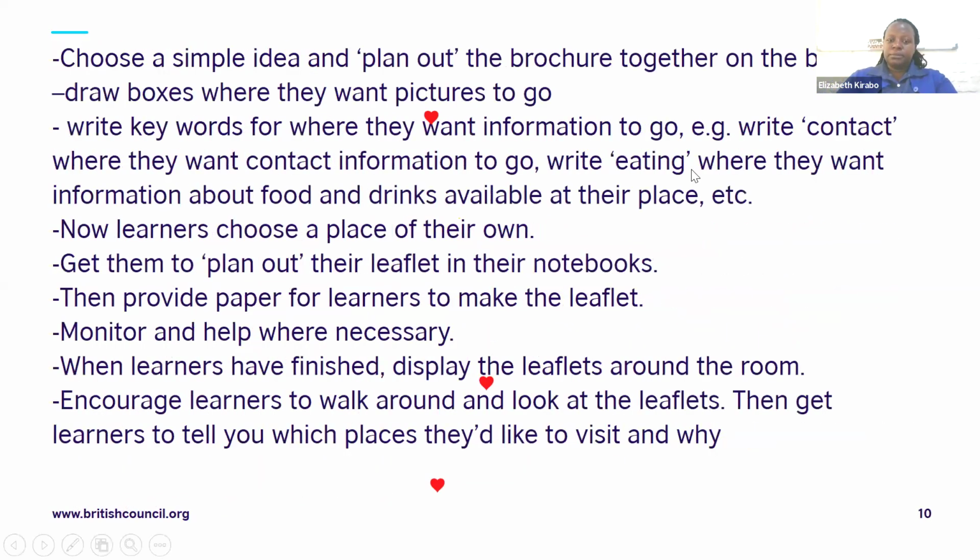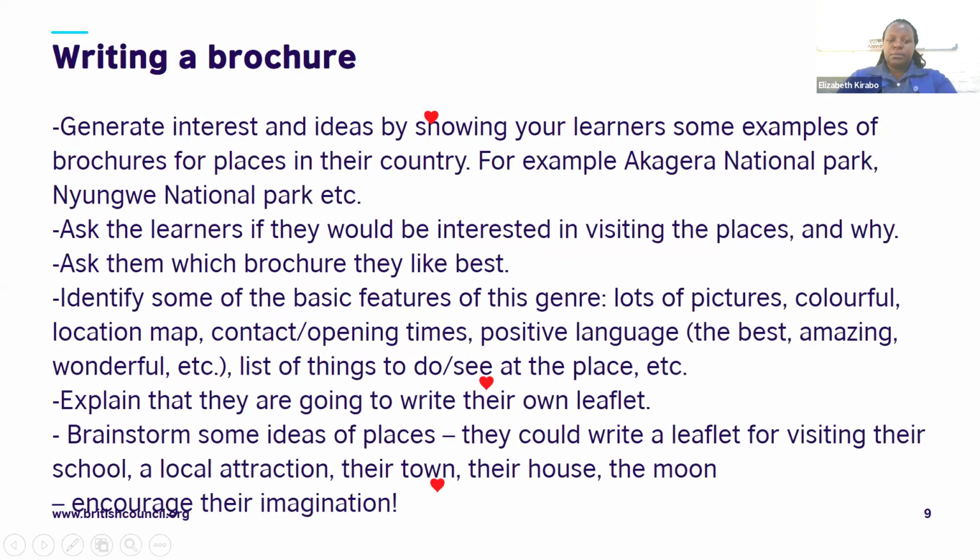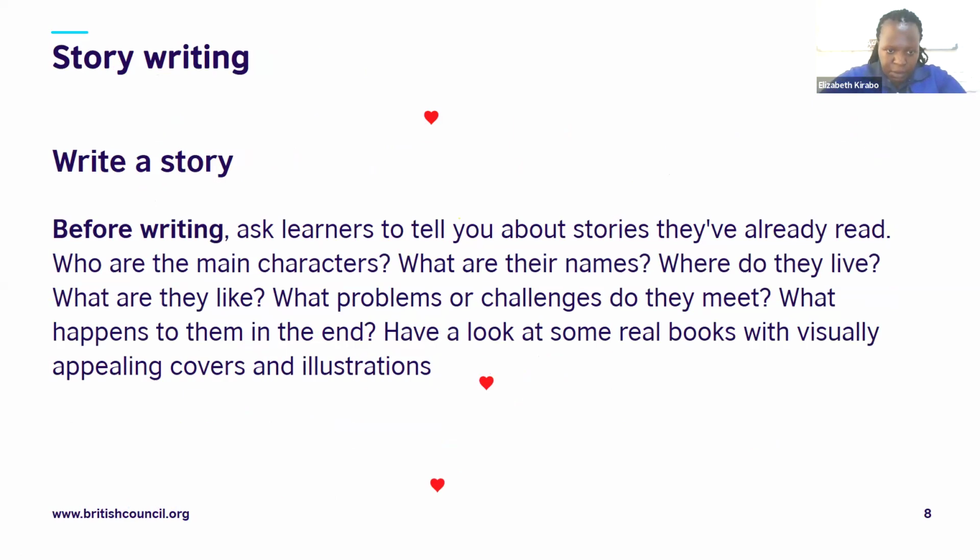What happens at the end? And then, have a look at some real books with visually appealing covers and illustrations. After taking them through that, having them narrate to you the books they've read before and give you a book review of what they've read before.